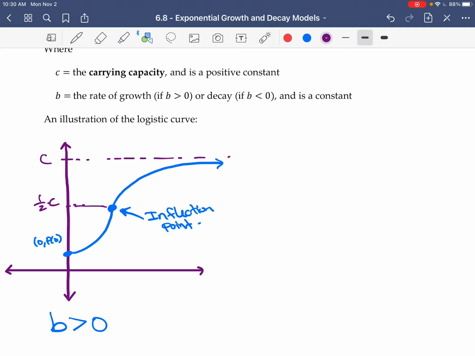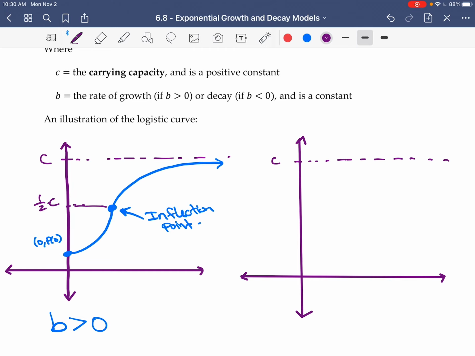Now if B is negative, that means your population is decaying. You still have this carrying capacity, and you have to be below it. This is B less than 0.